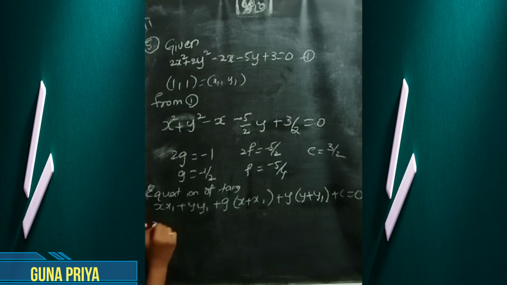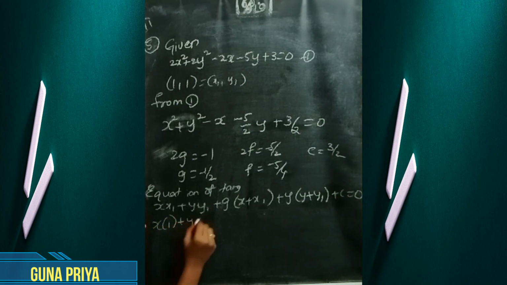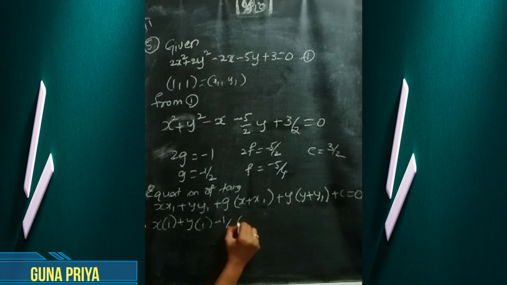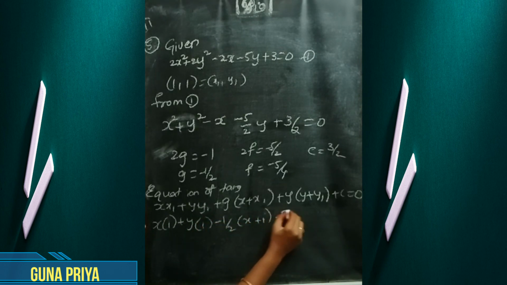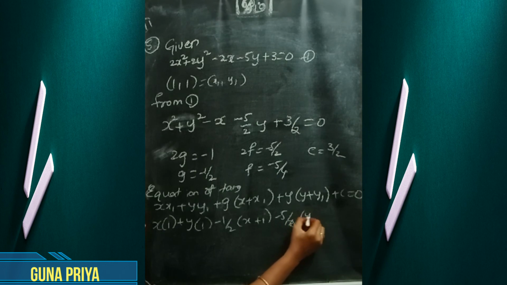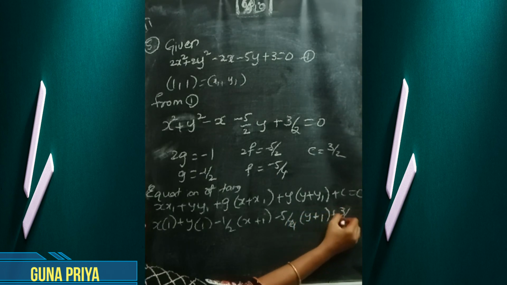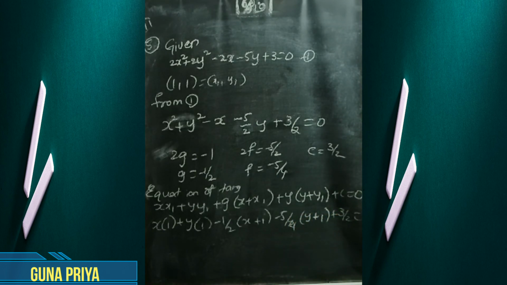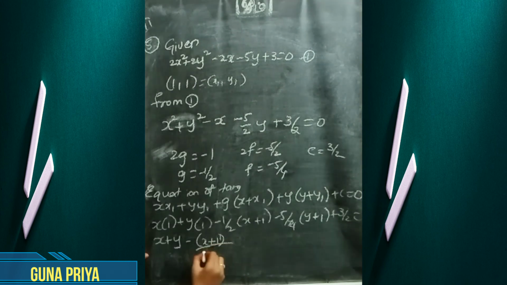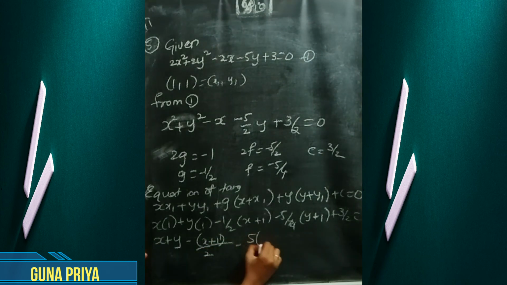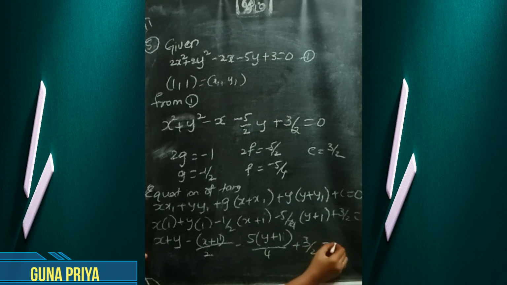Now substitute this: 1 x plus 1, minus 5 by 4 y plus 1, plus 3 by 2 equals to 0.